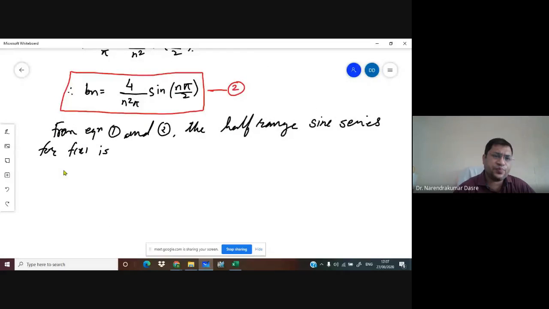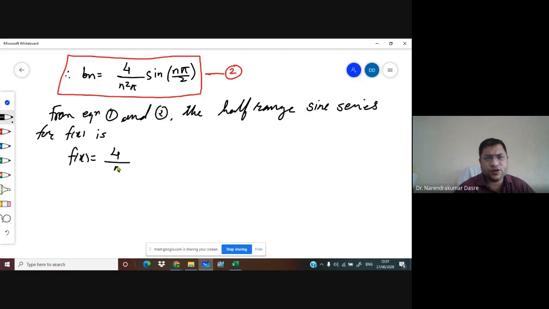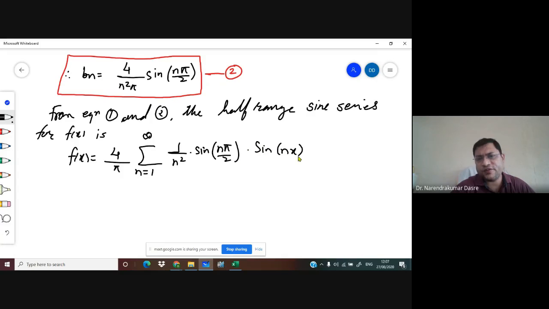So what we have is f of x is equal to 4 upon pi, which is a constant, then summation n running from 1 to infinity, 1 upon n square sine of n pi by 2. This is the coefficient, and the term we have is sine of x.